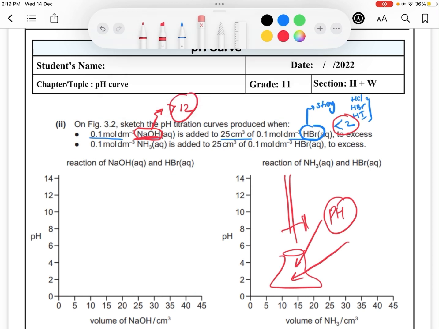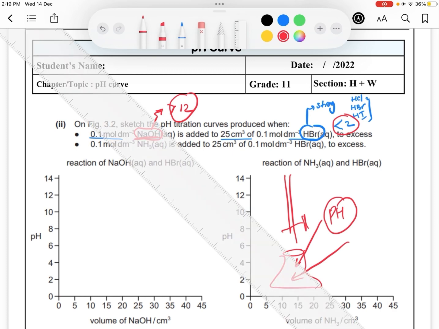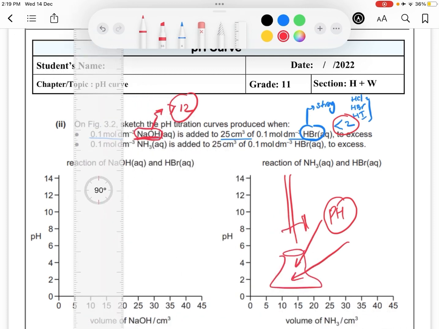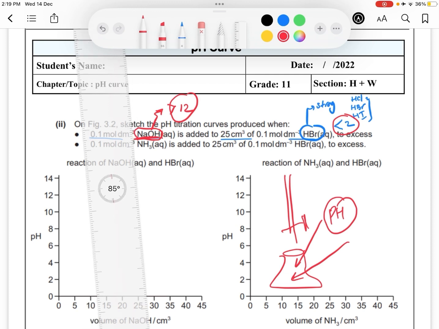So let's start drawing all of this. As we can see, we have the vertical line. I'm going to use my ruler, and we're going to draw the vertical line, which is on 25. I just want to write it the proper way.